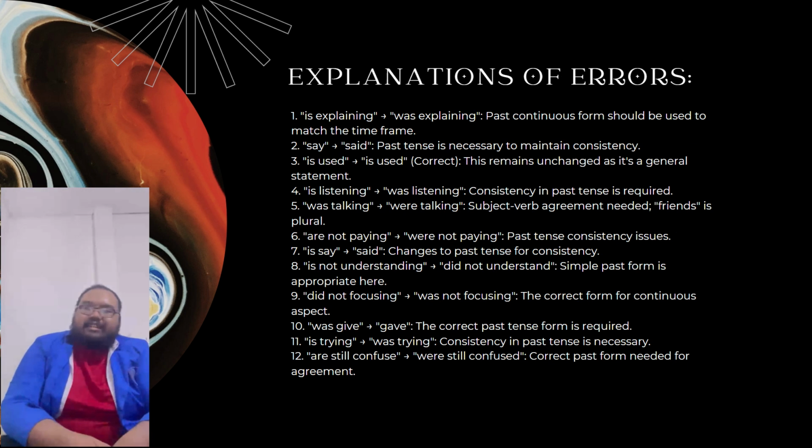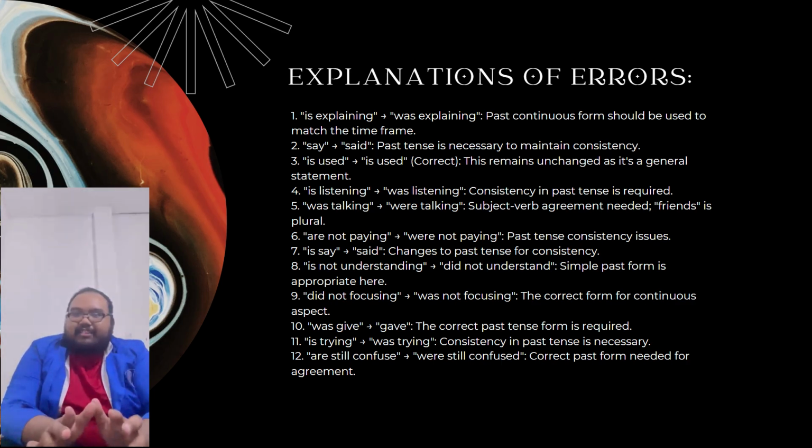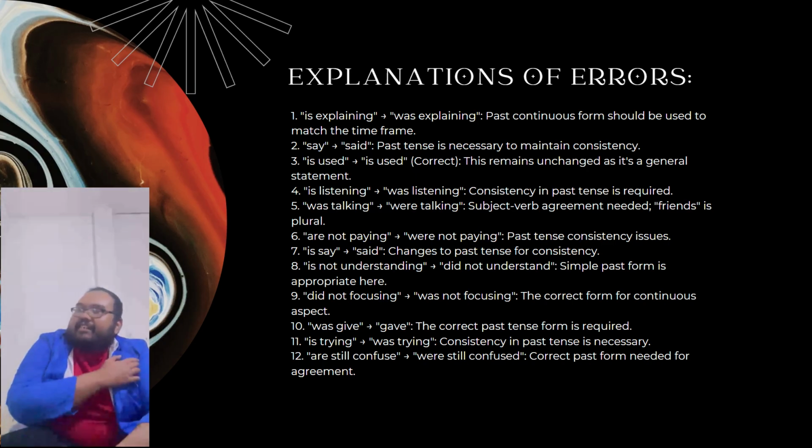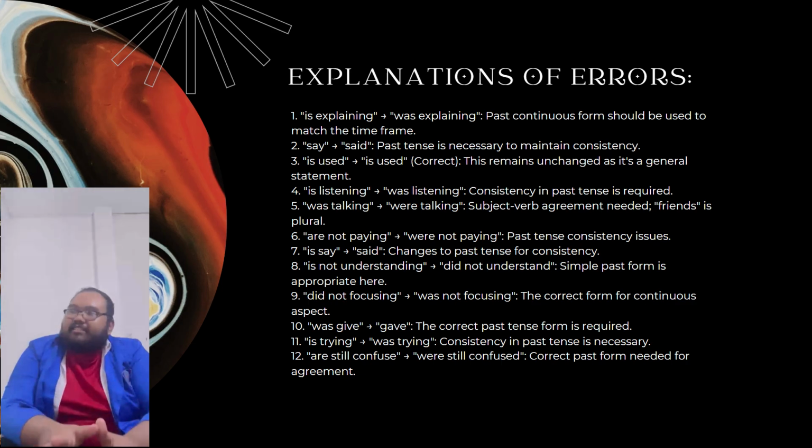Now, for the explanation of errors, first one is explaining, turned into was explaining. Past continuous form should be used to match the time frame. Second one, say turned into said. Past tense is necessary to maintain consistency. Third one is used. That's already correct. This remains unchanged as it is a general statement.